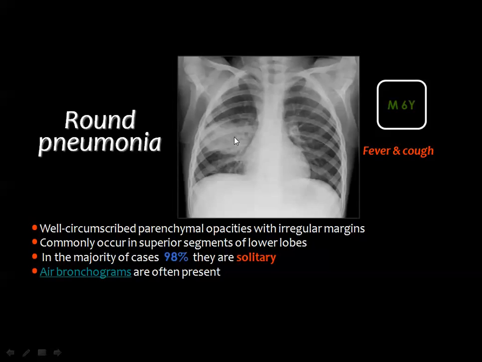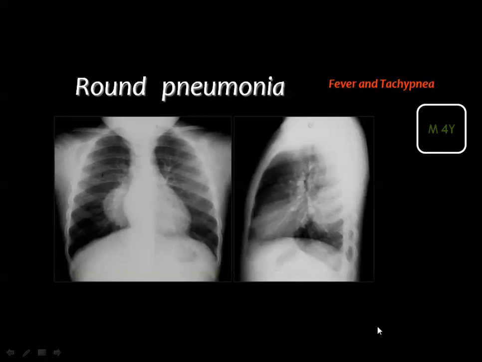But in my opinion and according to the cases I have seen, the air bronchogram is not a prominent feature in round pneumonia, and I think this finding is the cause of further evaluation by CT, for example, in such cases. And this is a case of round pneumonia.